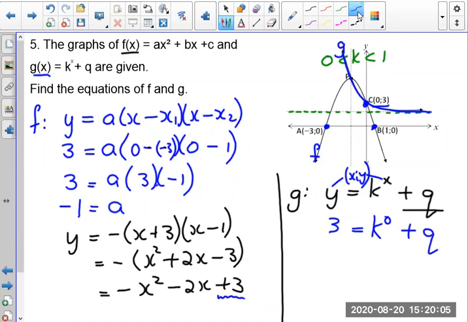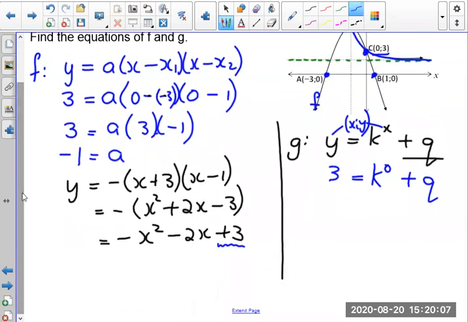Now it looks as if you still have two unknowns, but you actually don't, because anything to the power of 0 is 1. So 1 plus q is equal to 3, so that gives me q is equal to 3 minus 1, which is 2. So it makes sense. So that asymptote goes through y equals 2.